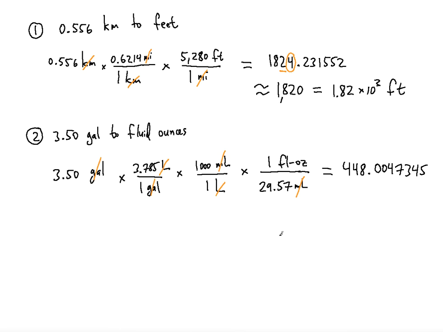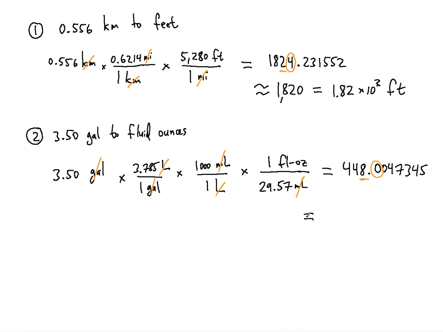Once again, we need three significant figures, and we're disregarding the whole numbers. The fewest number of significant figures is going to be 3 in this case. We start counting from left to right: that's the first one, second one, third one. So we round to the nearest 1, which is 8. Since the next digit is 0, and 0 is less than 5, it stays 448.